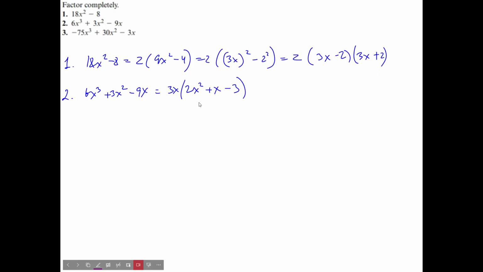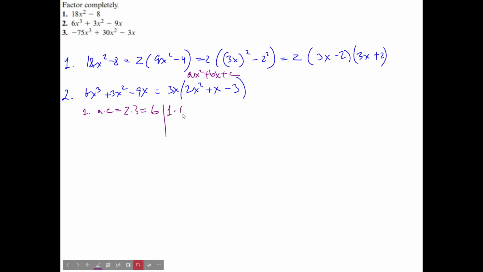Step number 1, if I consider ax squared plus bx plus c, first I multiply a times c, which is 2 times 3, and that is 6. I do not consider any signs here, just absolute values. Next, I look for two numbers that multiply to receive 6.